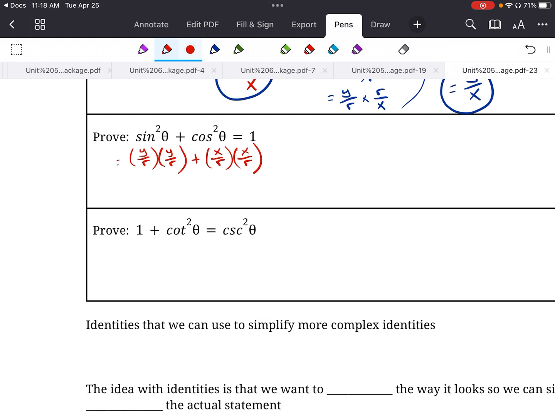Okay, so we get y over r squared plus x over r squared. Our denominators are the same, so we have y squared plus x squared over r squared.